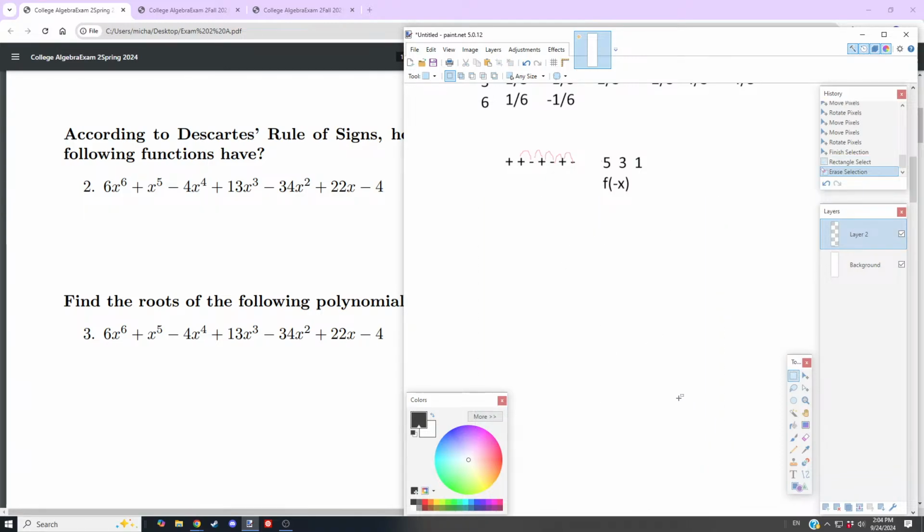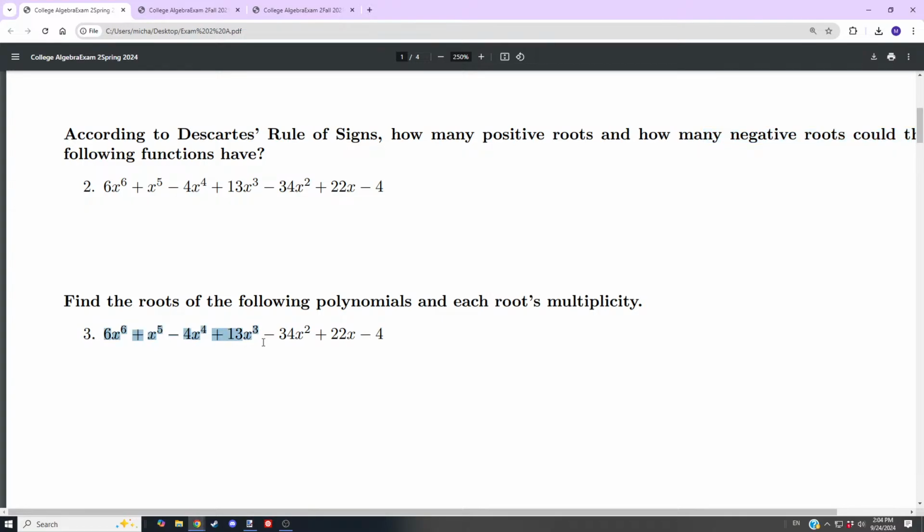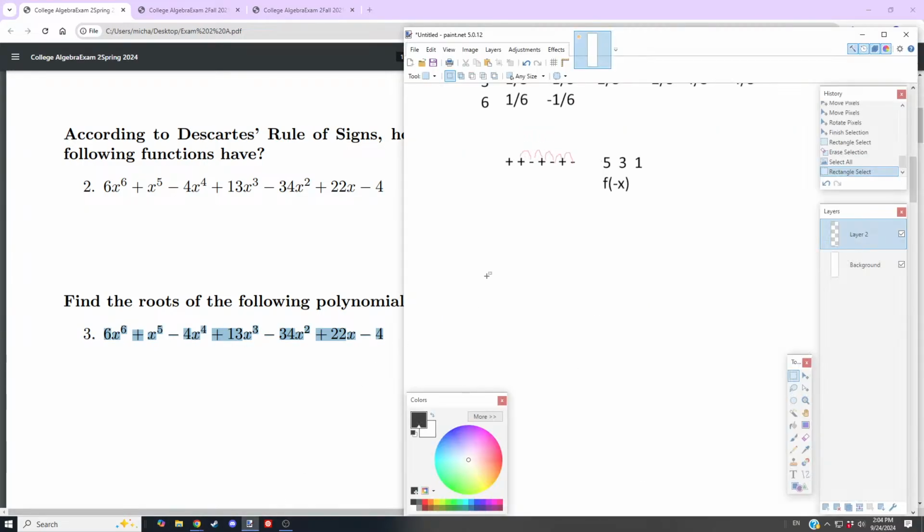Delete that, give us some space. So we will now do the flip on this here by plugging in negative x. Can't copy text. Okay.